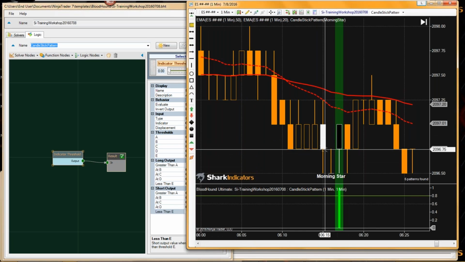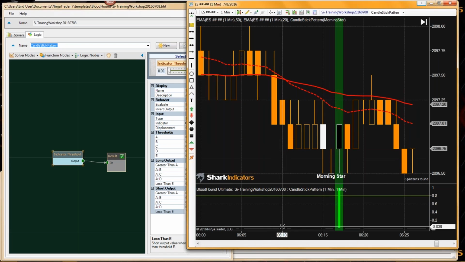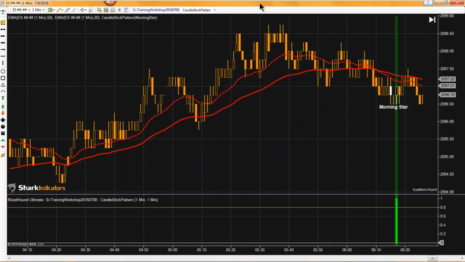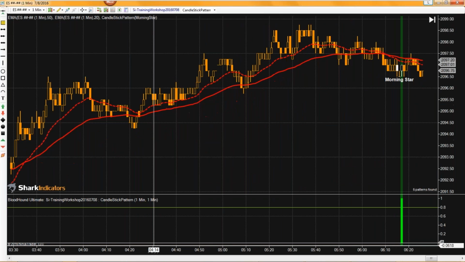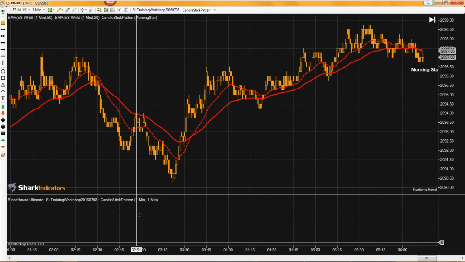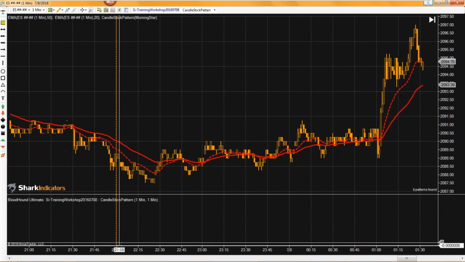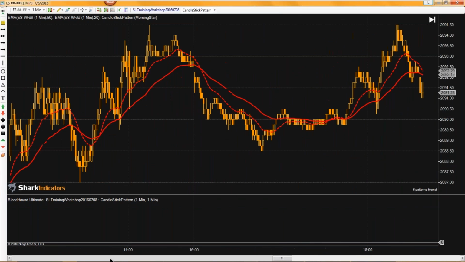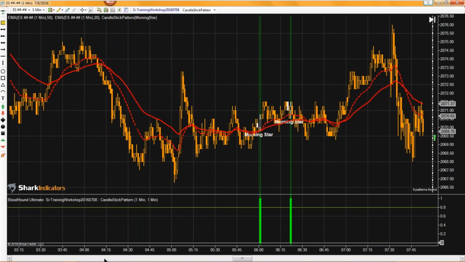So this was a long pattern that was found. It gave us that long signal, and possibly there might be a short signal on this chart somewhere. I'm going to scan through this chart real fast.